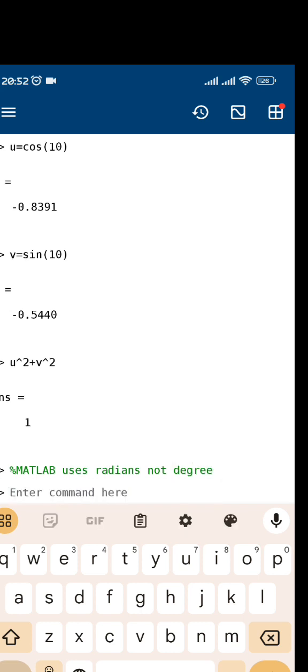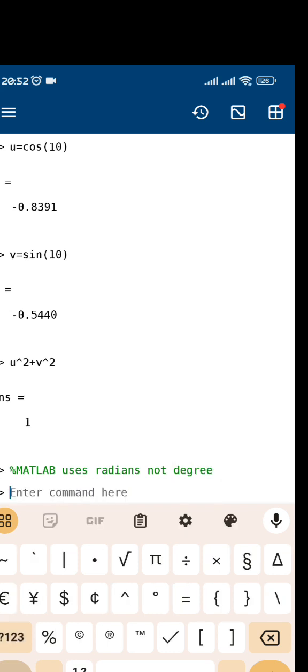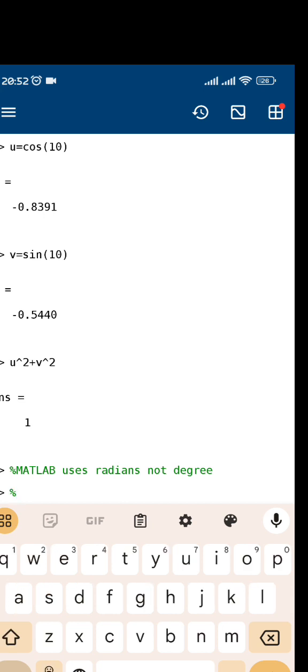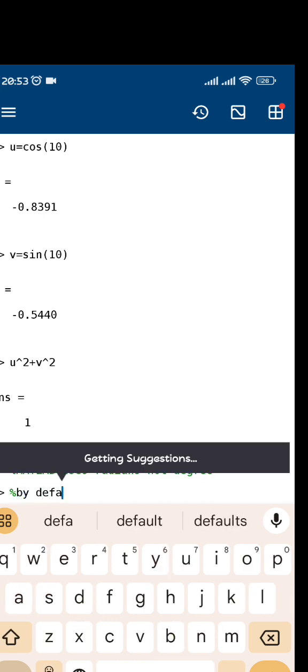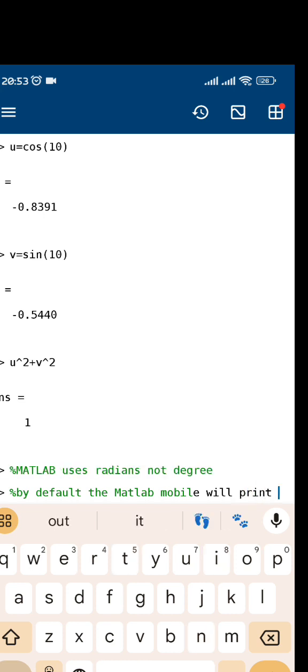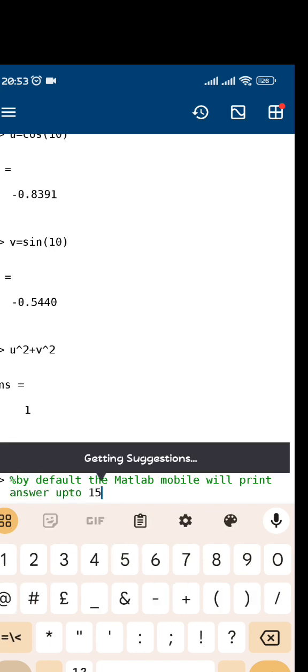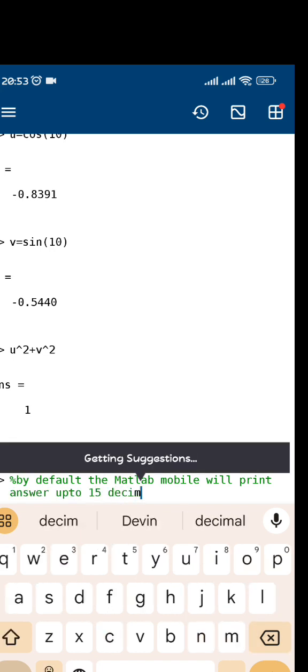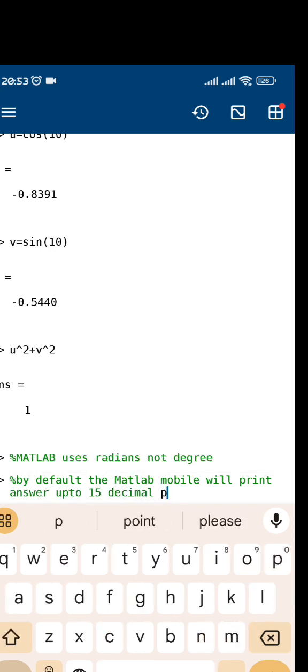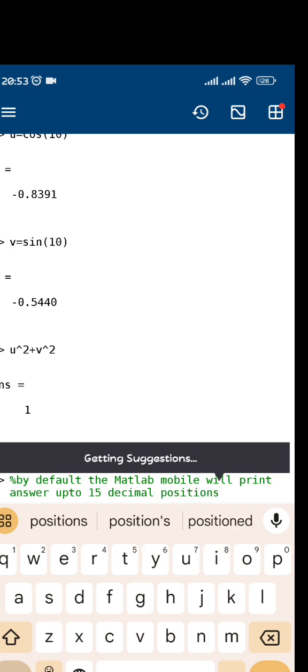Now one more thing is that by default the MATLAB Mobile will print the answers up to 15 decimal positions. But in this whole video you have so far seen that it is giving us the answer up to 4 or 5 decimals.